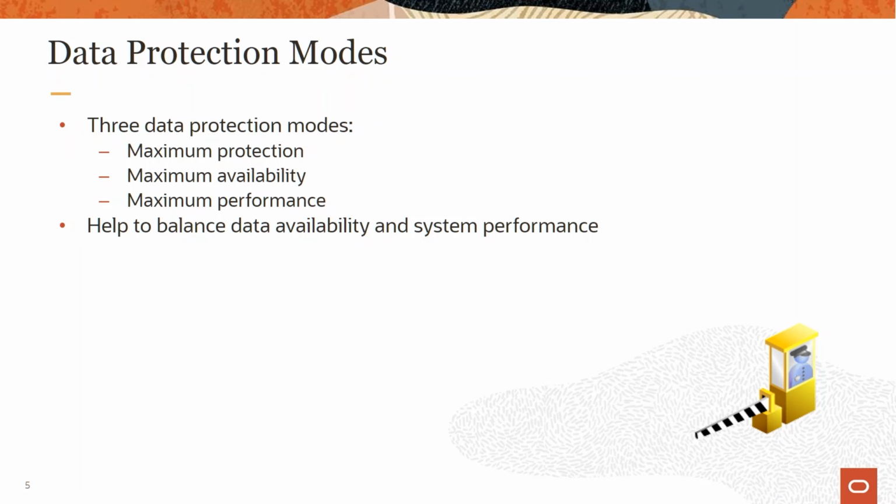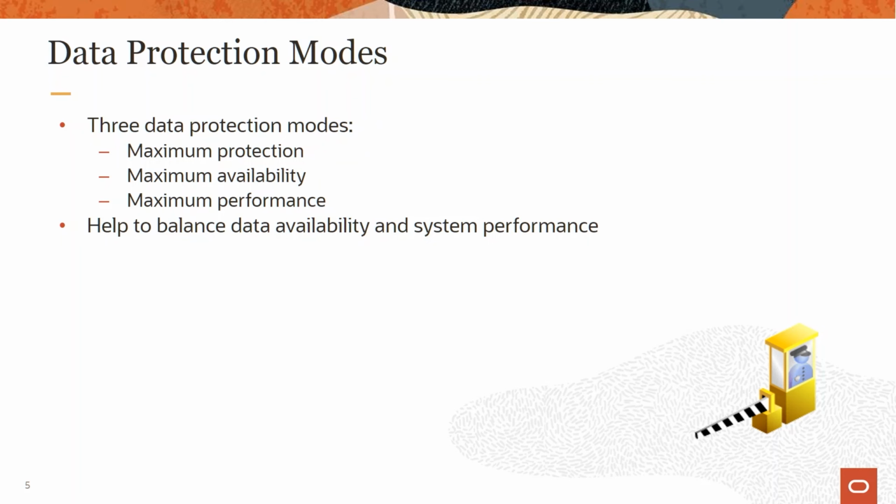And also maximum availability. In this case, availability of the primary database is its main goal. Initially this protection mode tries to maintain a synchronous standby database in the Data Guard environment, but if it's not possible, then flexibly we can keep an unsynchronized standby database.